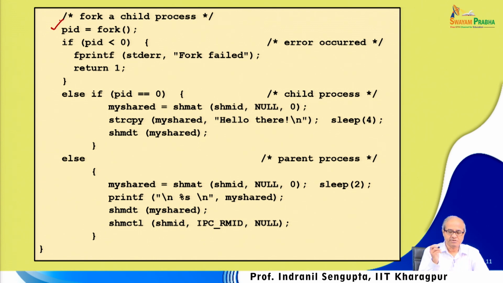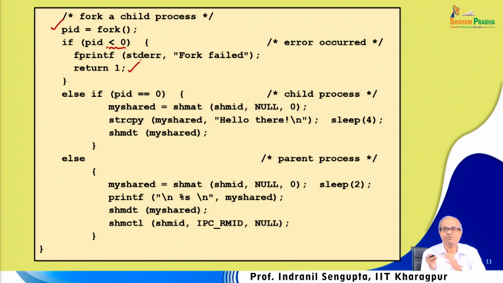Again after fork it is a good practice to check whether pid is negative, which means the new process could not be created. Then you can print an error message and stop, return 1.